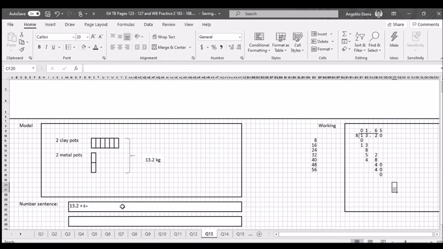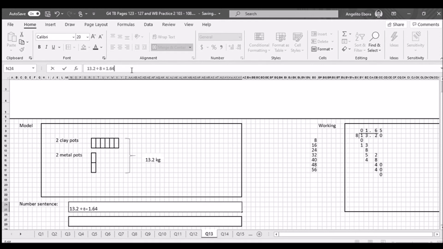So 1.65 kilograms. Oh, why 1.64? Sorry, it's 1.65 kilograms. So that's the mass of each unit.